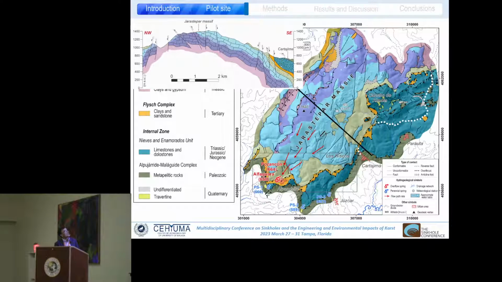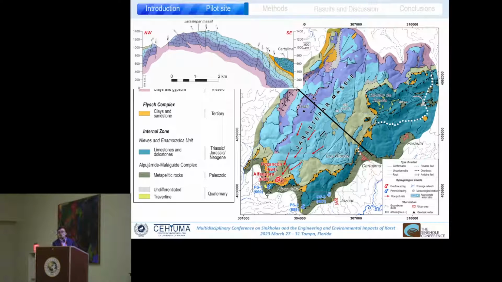So I will show you some geological cross-sections just to show the geological structure in this area. You can see the anticlinal structure at the north, the Triassic clay, sulfates and clay, and then the dolostone and the limestone, Jurassic, the Cretaceous rock, and then the Tertiary clay and sandstone of the flysch age, and then the Triassic dolostone of the internal zone.